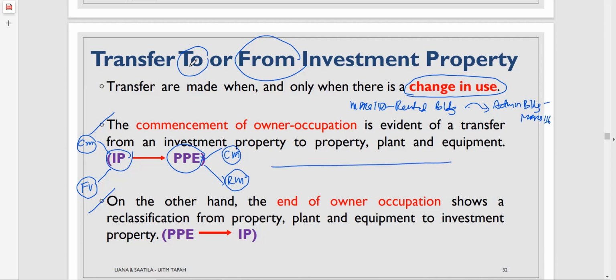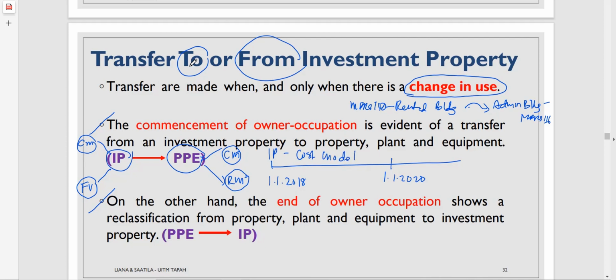Let's say you have the date of transfer here, 1st of January 2020, and the date that you purchased the IP was 1st of January 2018. So this is where it was an IP, and let's say this is a cost model IP.